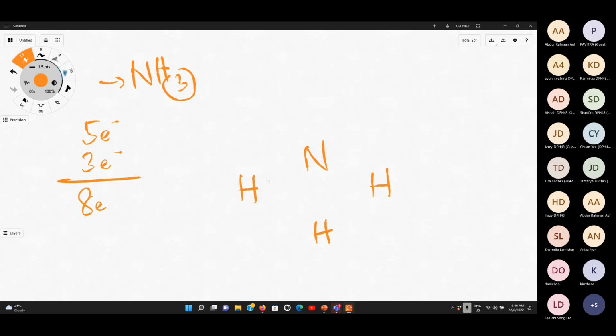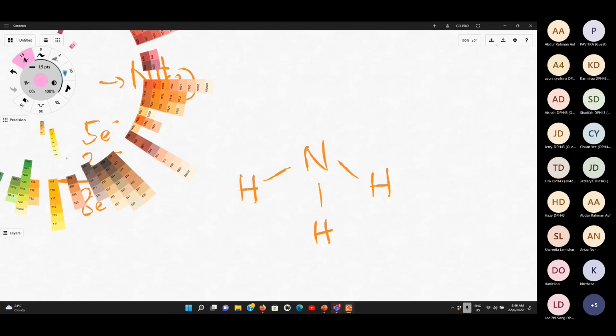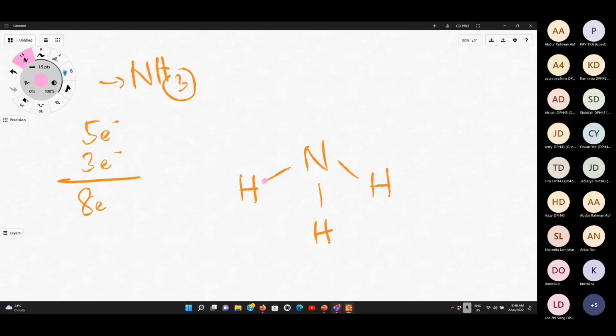So kita combine dulu, we use the electrons untuk combine this terminal and central atom. So we have used 6 kat sini. So 6. 1 electrons, 2 electrons, 3, 4, 5, and 6. So we have used 6 electrons.